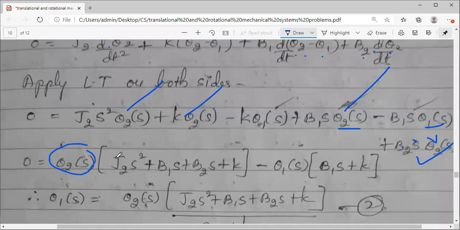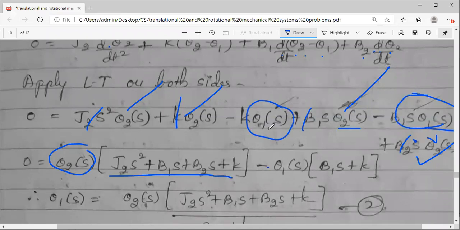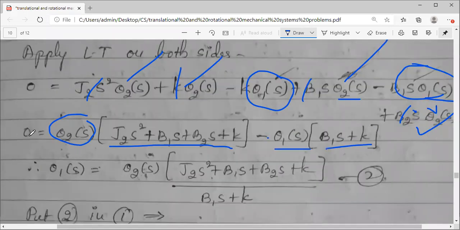So take theta 2 common, coefficients J2 S square plus K plus B1 S plus B2 S. So this is the inside bracket, minus, you can see theta 1 terms, 1, 2. So two terms are theta 1. So take theta 1 common, you will get this. And anyhow it is 0. So you can take this to the left hand side.